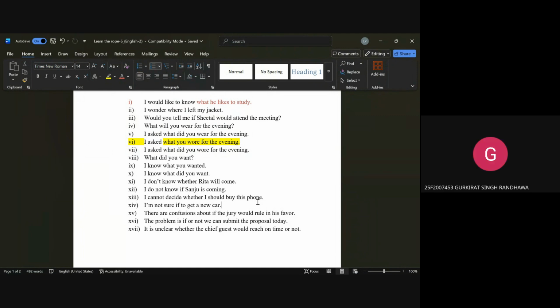What is the difference between if and whether? What do you use if for? Conditional, right? It's a conditional thing. So you usually use if to introduce a condition. And both if and whether you can use to introduce an indirect question.